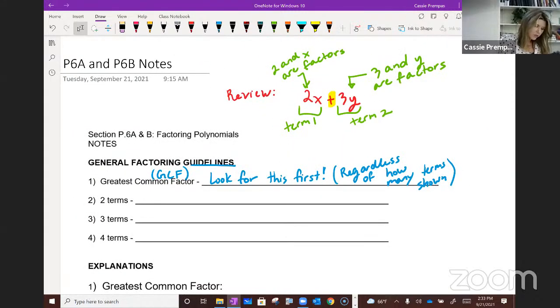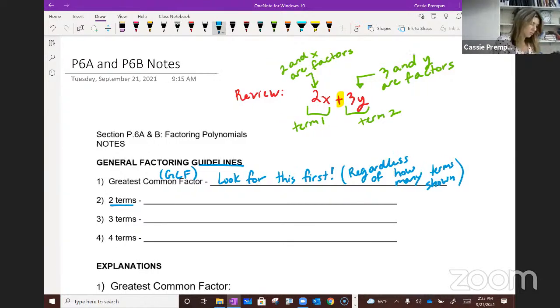Then, after you've looked for a GCF, the way that you factor will depend on how many terms are left. If you have 2 terms left, you're going to look for what we did yesterday, the difference of squares or the difference or sum of cubes. So that's number 2.